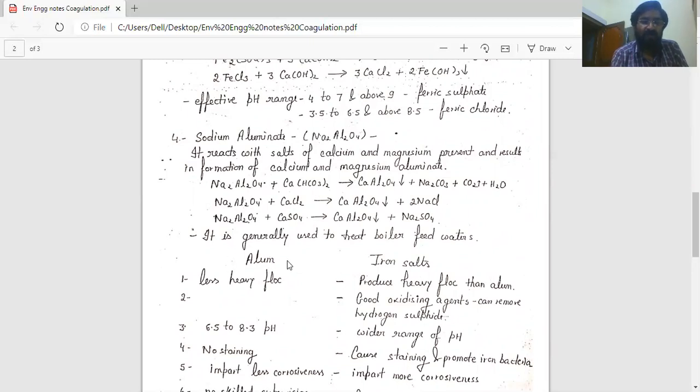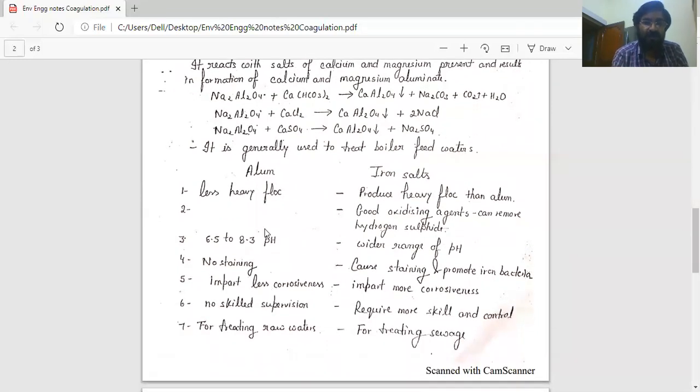Now a comparison between alum and iron salt. Alum makes a less heavy floc, while iron salt produces a heavier floc than alum. Second, iron salt is a good oxidizing agent and can remove hydrogen sulfide.